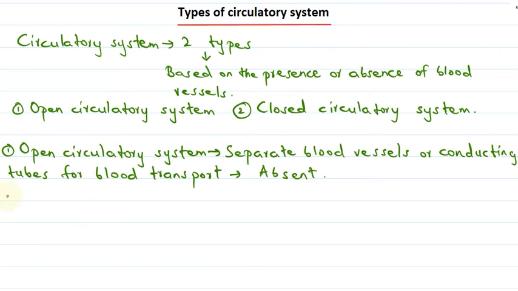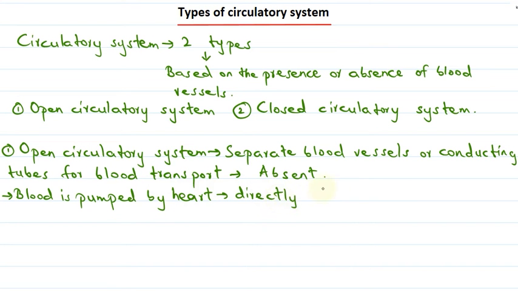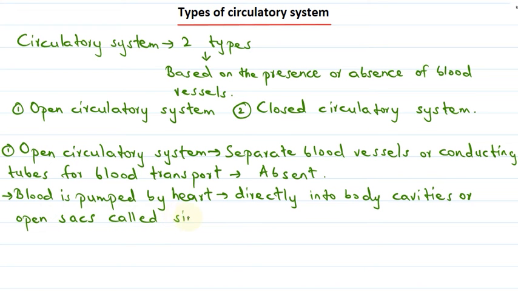So the blood is pumped by heart. This we already know. The blood is pumped by heart, and this blood then directly flows into the body cavities, or we can say into the open sacs, and these are called sinuses.